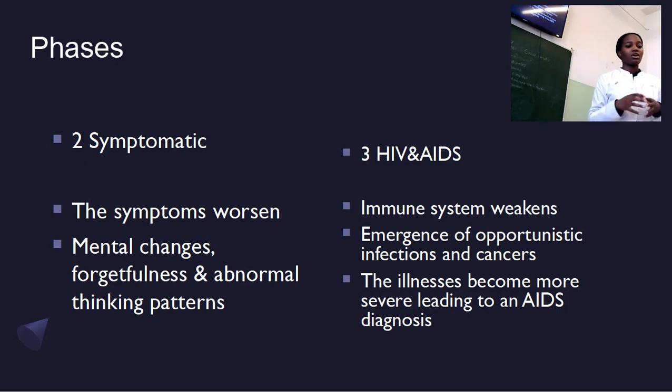While the symptoms worsen, we also have mental changes such as forgetfulness and abnormal thinking. For the AIDS part, the immune system weakens terribly, and there is now emergence of opportunistic infections and also cancers, and the illness becomes more severe, leading to an AIDS diagnosis.